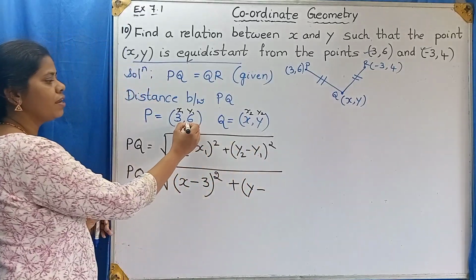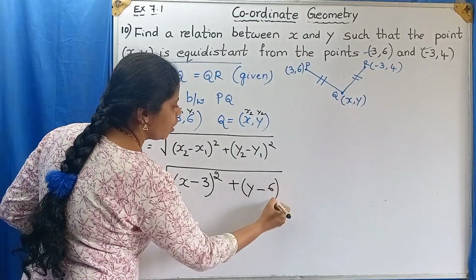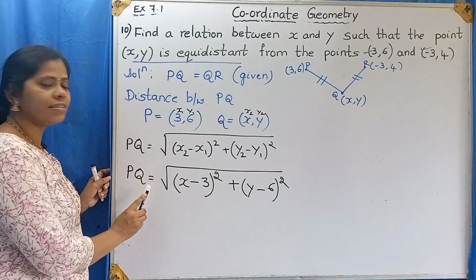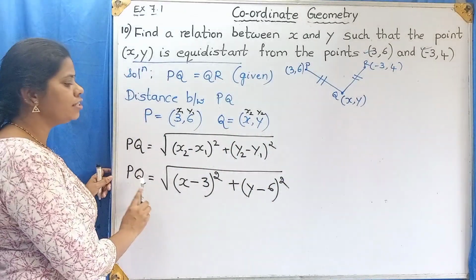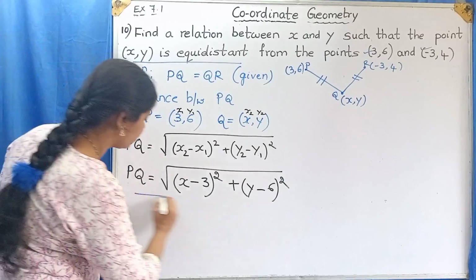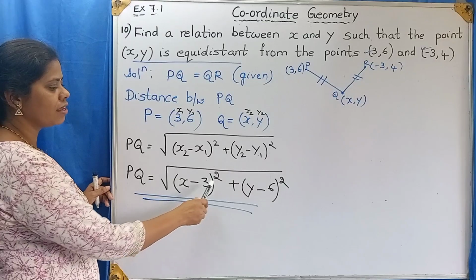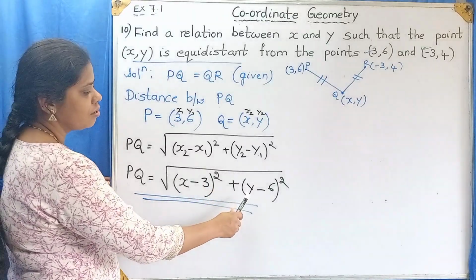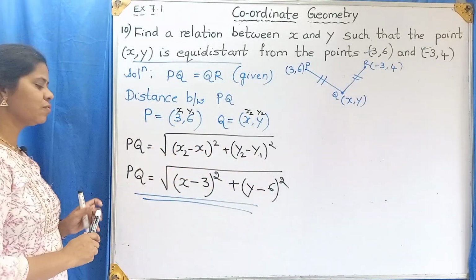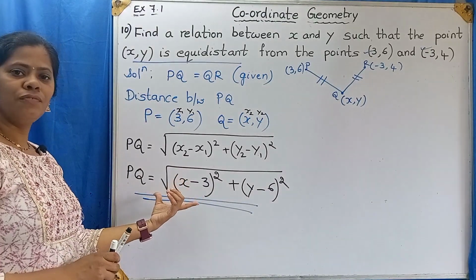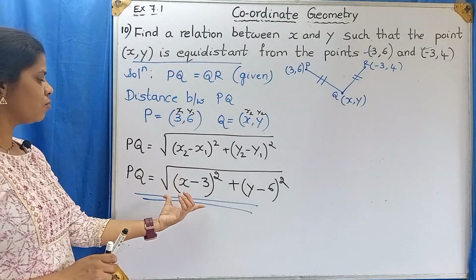The value of y1 is 6. (y minus 6) the whole square. And this is the distance between the points P and Q. The distance PQ is square root of (x minus 3) the whole square plus (y minus 6) the whole square. For further simplification, we need this value, so I am not going to rub this.